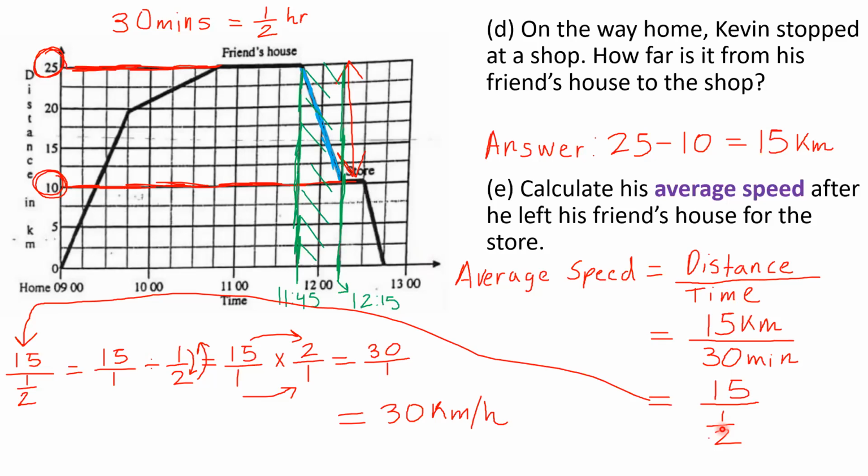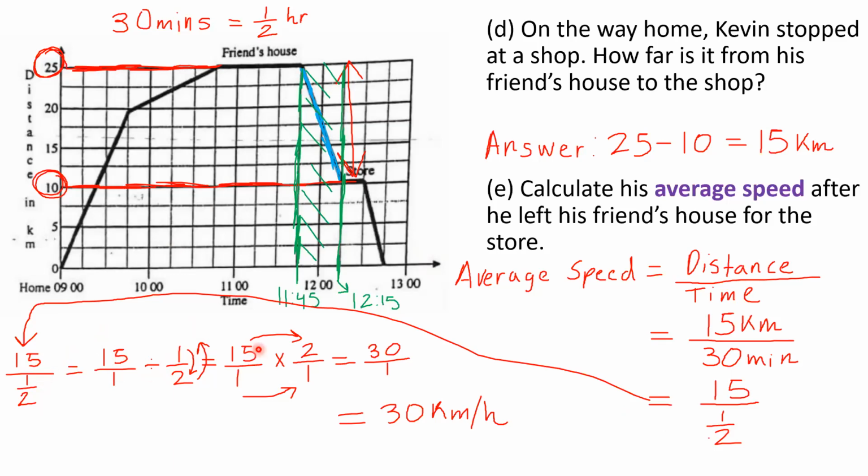Understand that? Yes, sir. Now we have 15 divided by 1/2. That means we're going to say 15/1 divided by 1/2, because we just put the 15 over 1. Then it's just a problem of dividing fractions. So we keep this fraction, we switch the sign, and then we flip the fraction.